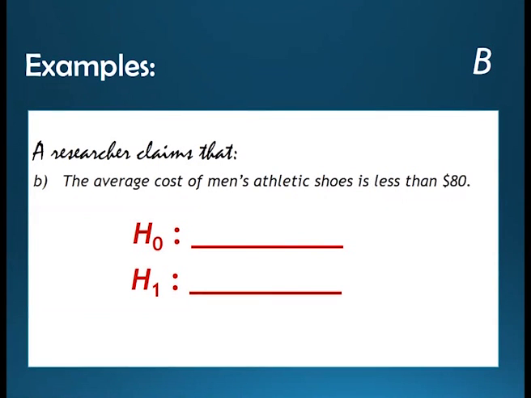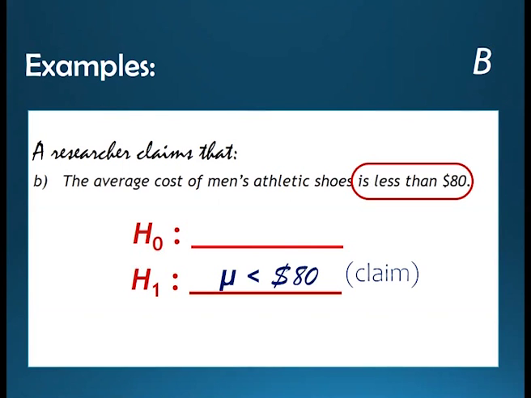In this statement, the average cost is less than $80. Let's begin with the alternative hypothesis. Based on this problem, the average cost of men's athletic shoes is less than $80.